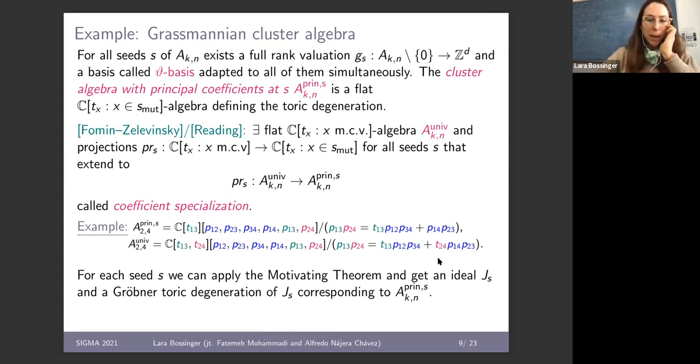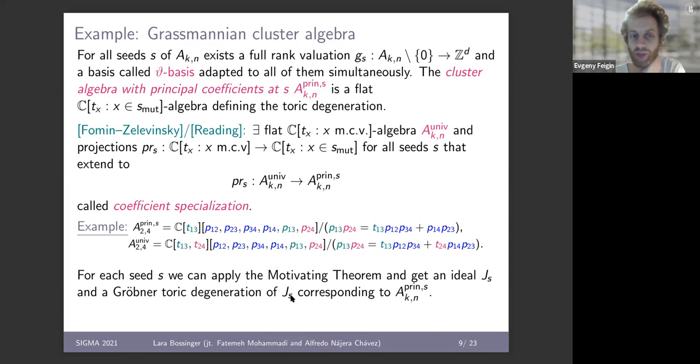So in particular, to sum up, having this connection from the principal coefficient degenerations to a full rank valuation, we can now apply this motivating theorem and get some ideal representing the cluster algebra, so the Plücker algebra, but this ideal may be different for different seeds.